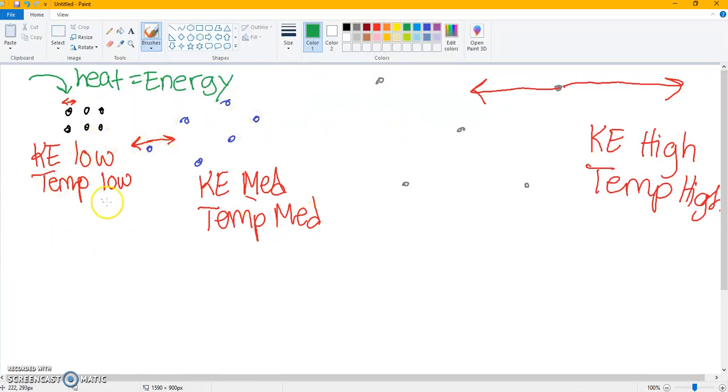So when I add heat to a solid, originally the heat is going to go to each of these molecules and cause them to vibrate a little more. But once they're vibrating at a certain speed, then instead of making each individual particle move faster, the heat actually starts to push each particle away from each other, therefore turning into a liquid.